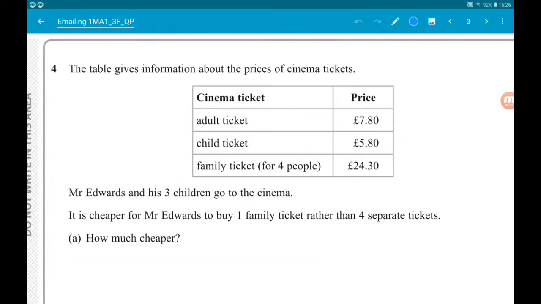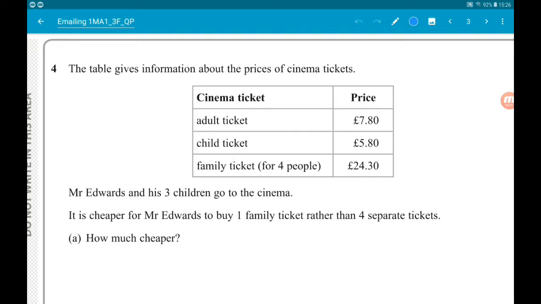Okay, number 4, the table shows information about the prices of cinema tickets. An adult costs £7.80, a child costs £5.80, and a family ticket, which is for 4 people, costs £24.30. Mr. Edwards and his 3 children go to the cinema.